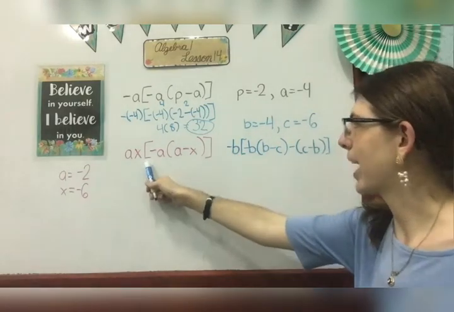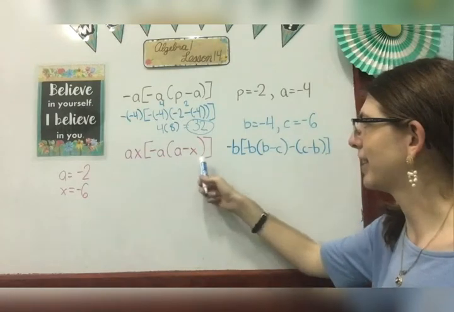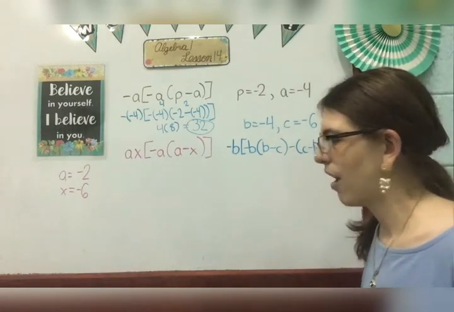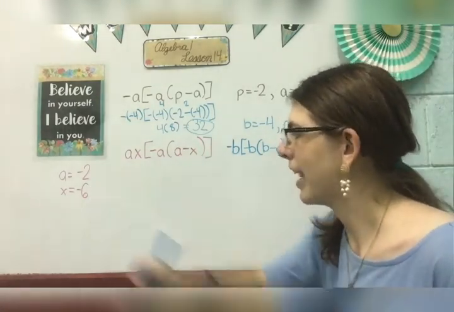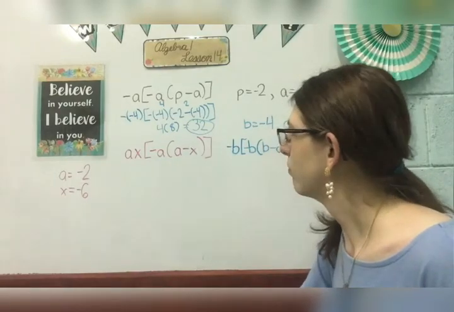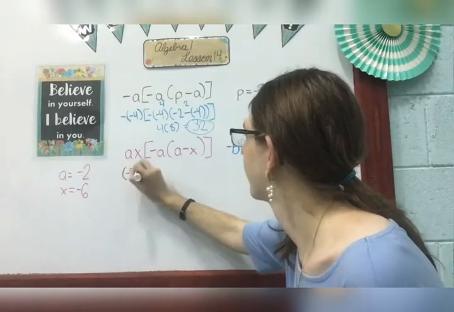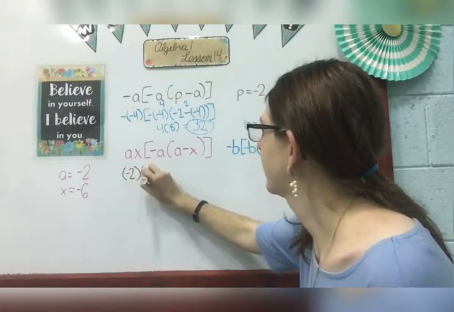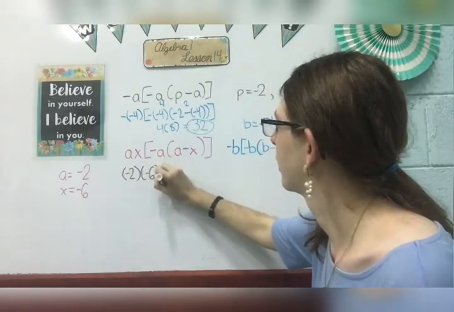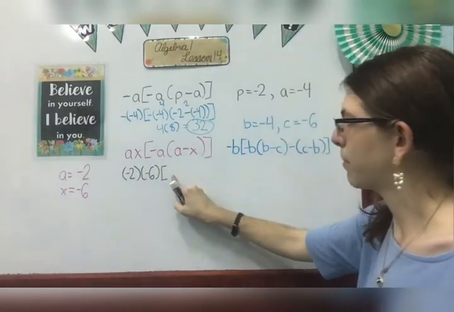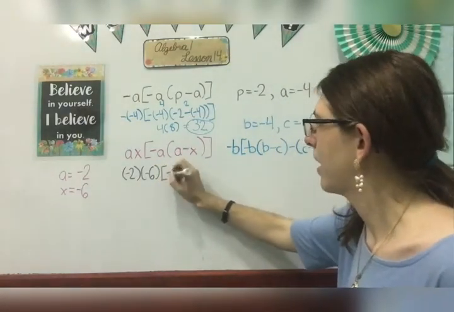AX, bracket, negative a times a minus x, parentheses, bracket. Let's put it in. A is negative 2 and x is negative 6. So I have a negative 2 times a negative 6. Put in my bracket. Negative.